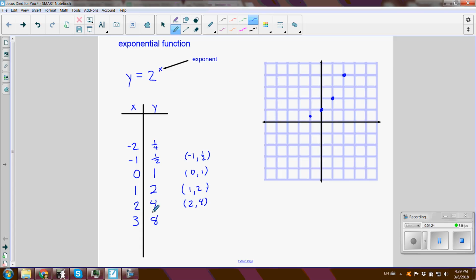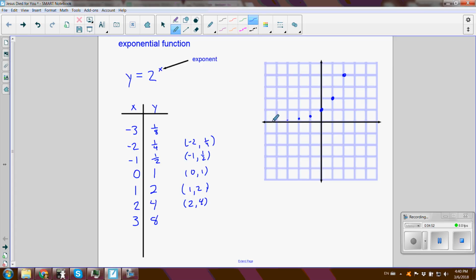It's the reciprocal of 2 to the positive 2. So I've got the point (-2, 1/4). And then for negative 3, I keep dividing by 2, that will be 1/8. (-3, 1/8). It's super, super close to the x-axis. I can just put a little dot there.